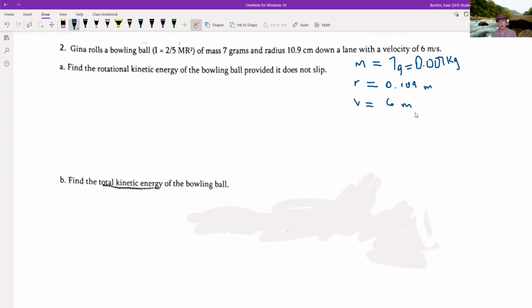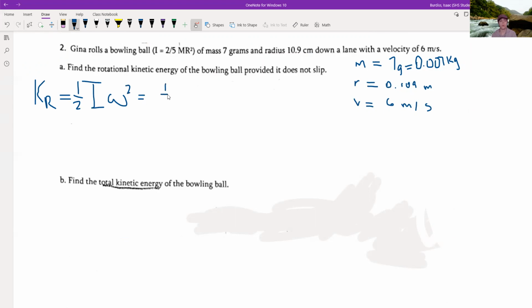So it's asking, what is the rotational kinetic energy? That's what we're trying to find. So we figure out what equation to use, and it is 1/2 times moment of inertia times angular velocity squared. Don't forget the 1/2.